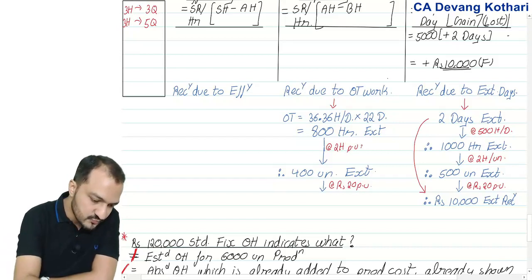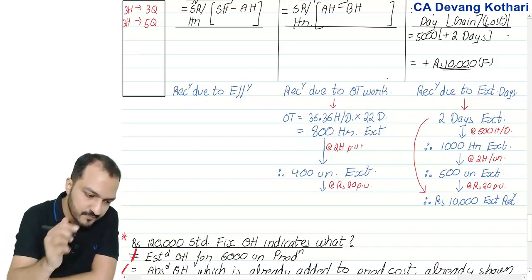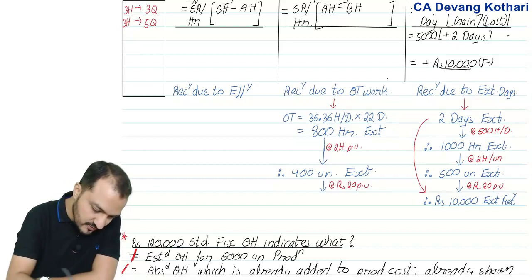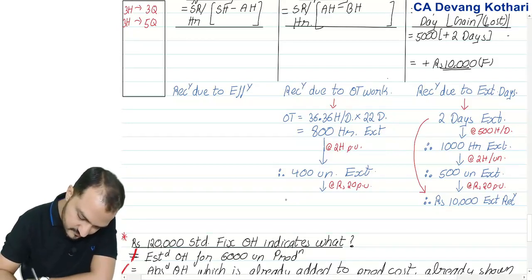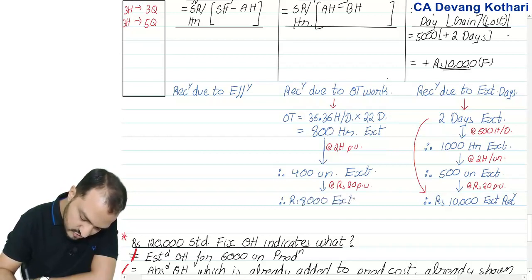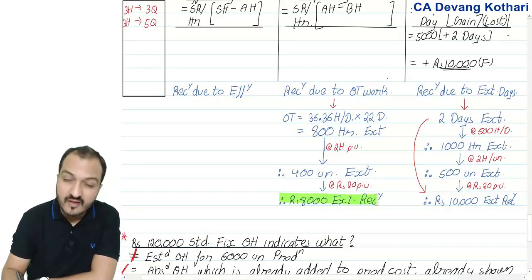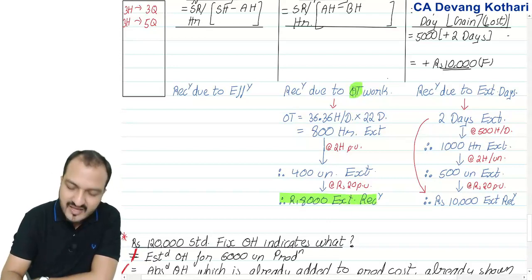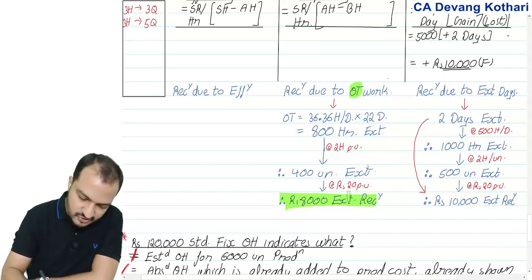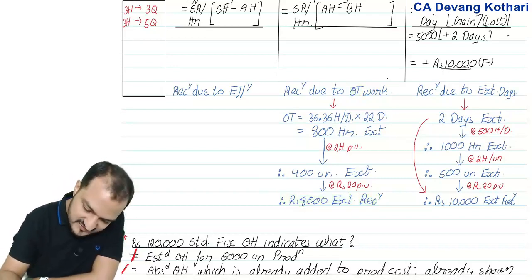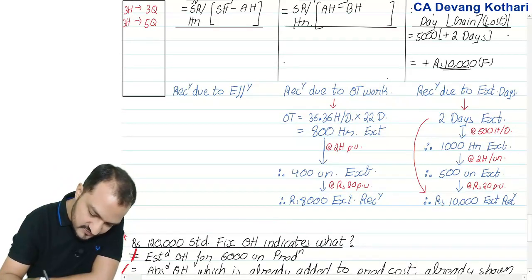So it should have given you extra recovery of 8,000 rupees. This 8,000 rupees extra recovery happened because of overtime working. Yes, this 8,000 rupees extra recovery is called my calendar variance.